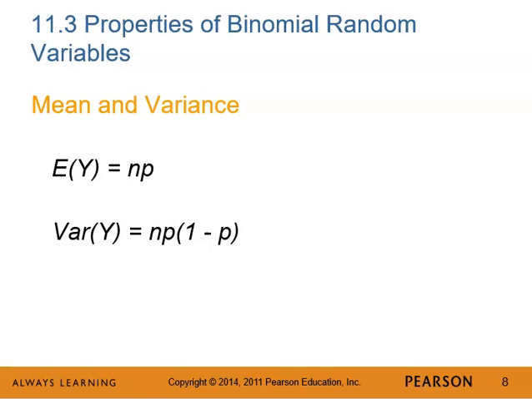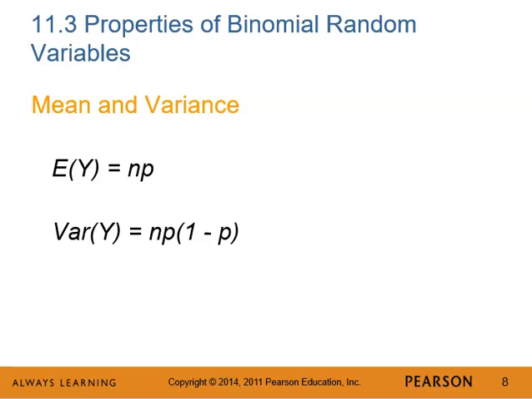But what's more important is, when you are dealing with a binomial random variable, how to calculate the mean, variance, and also the standard deviation. So the expected value or mean of a binomial random variable is equal to the number of trials n multiplied by the probability of success p.